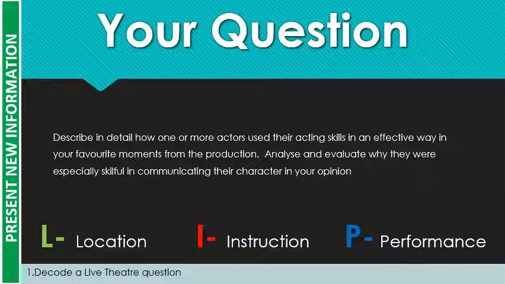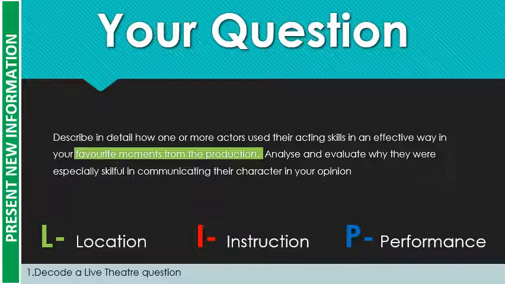Analyze and evaluate why they were especially skillful in communicating their character in your opinion. So the location. It says in your favourite moments from the production. So you can choose any moments from the production that you would like to talk about. It is not specific. When I talk about a moment, I'm talking about a scene or a little section.